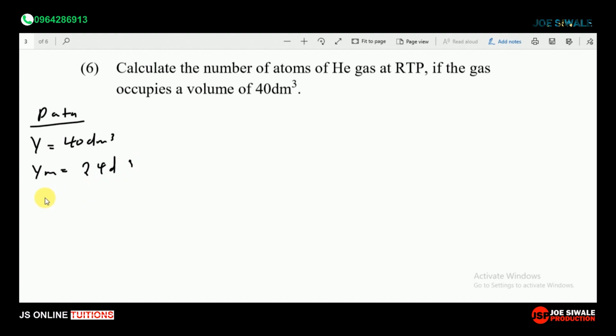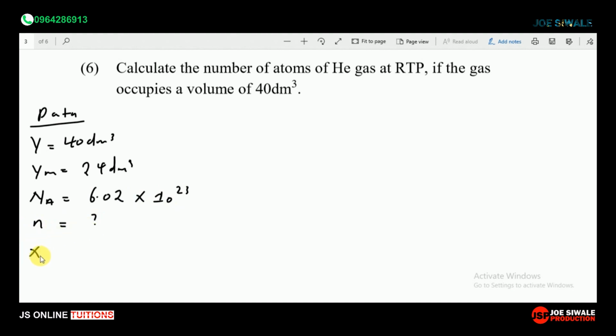Then we are trying to calculate the number of atoms or the number of particles there, and we know that the Avogadro's number is given as 6.02 multiplied by 10 to the power 23. Then the number of moles there we don't know.